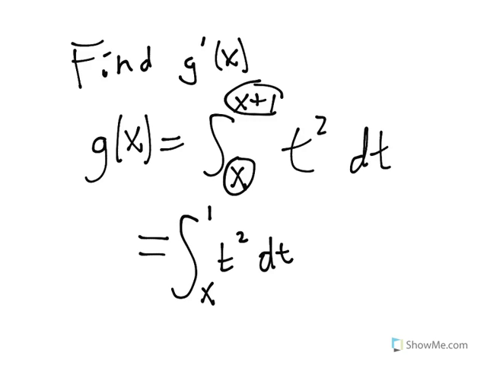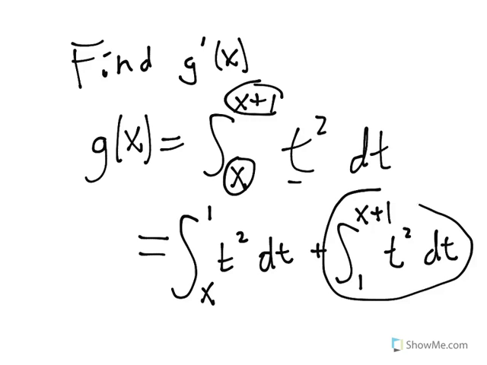It's got to be continuous on the interval, but since I'm using t squared, that's continuous everywhere. And then plus the integral from 1 up to x plus 1 of t squared dt. And so now I could go ahead and think about using the fundamental theorem in this part, and the bound looks like what we want, where we have a constant on the bottom and our variable up on the top.